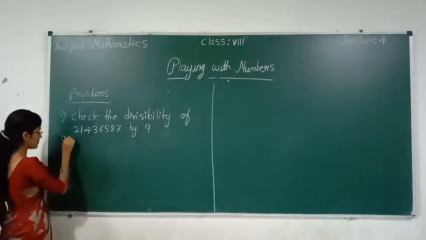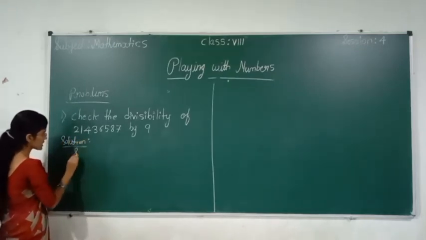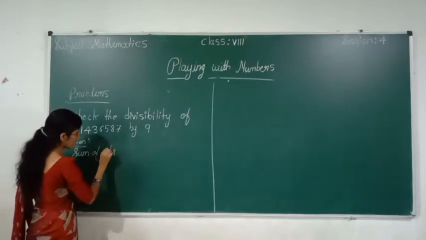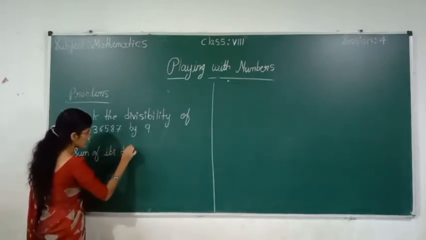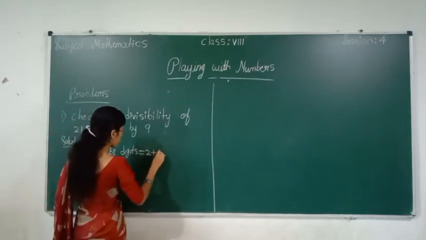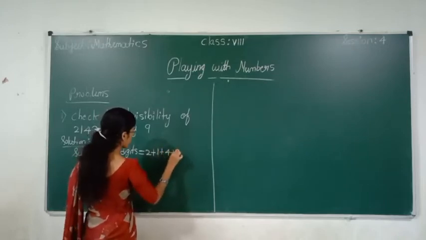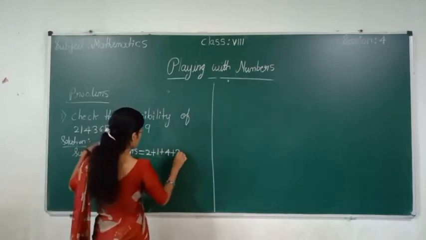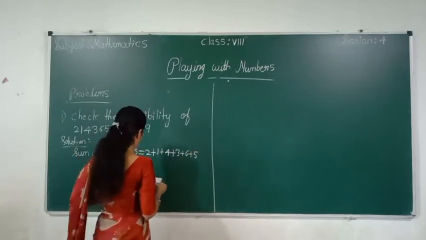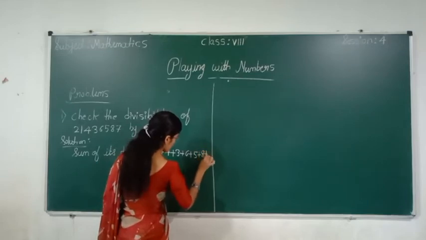Solution: sum of its digits is equal to 2 plus 1 plus 4 plus 3 plus 6 plus 5 plus 8 plus 7.